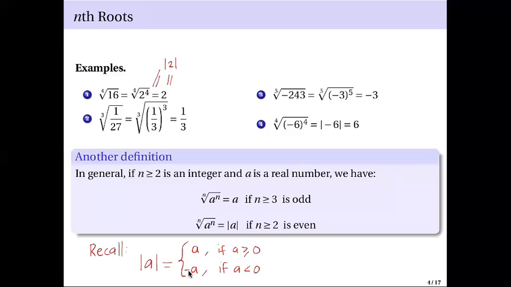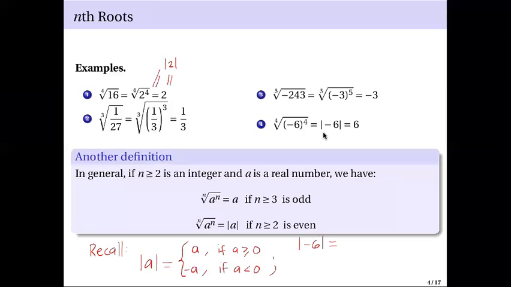Okay? So what's happening in here? Why do we put this negative? If a is negative, a will have its own negative sign. So if I put the negative here, this negative sign will remove the negative sign of a. To understand this better, the example here, you have negative 6.